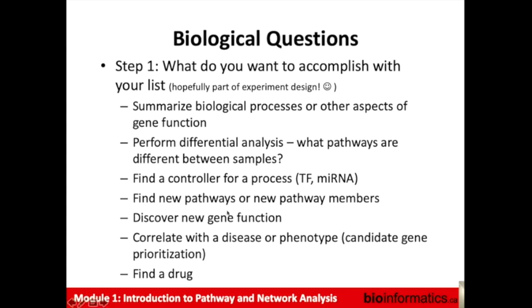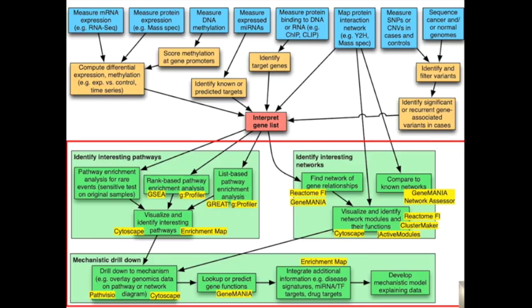You could find new pathways or new pathway members and discover new aspects of gene function. You can correlate a disease or a phenotype with information from your gene list, or you can find a drug that targets genes in your list. Okay, so the green boxes here relate to pathway and network analysis. Pathway is on the left and networks on the right.